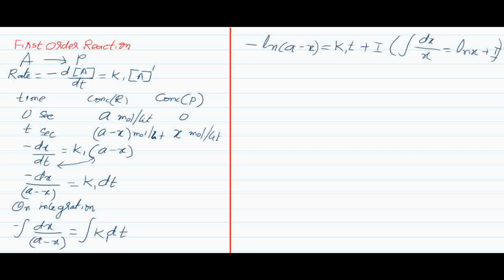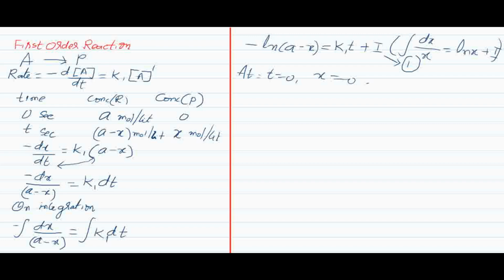Now this is equation 1. To find out the integration constant value I, at t equals 0, x equals 0.